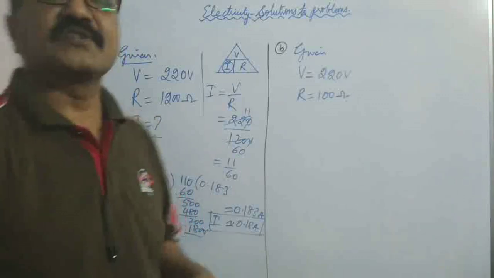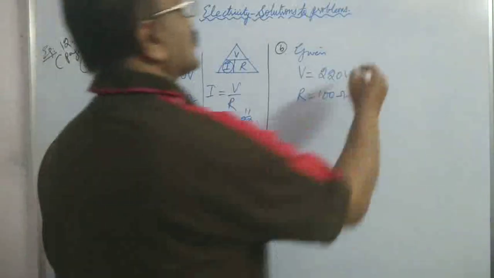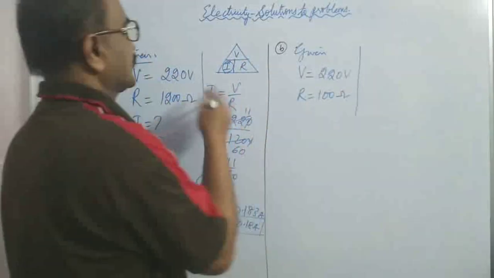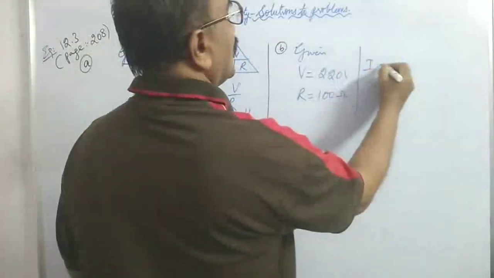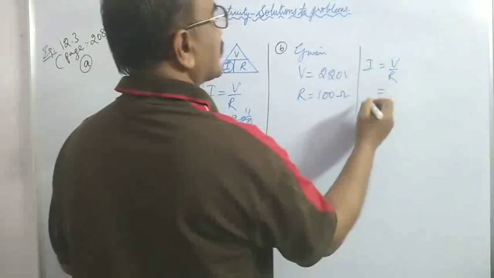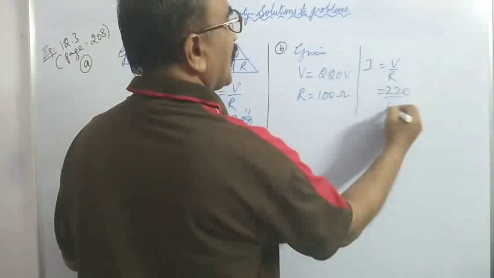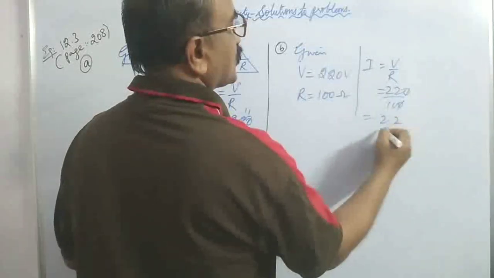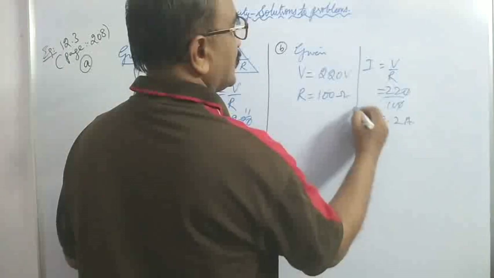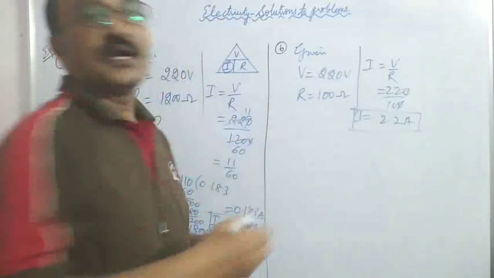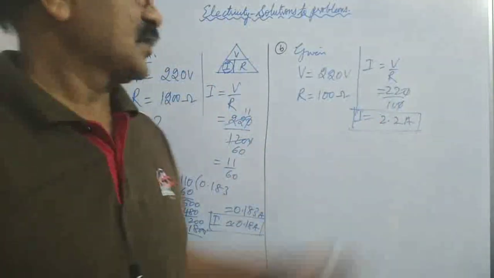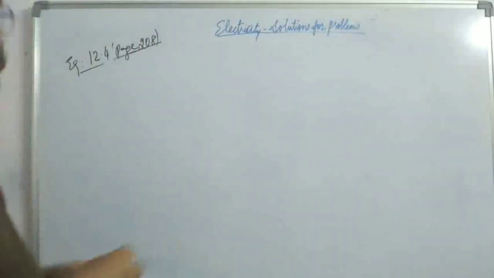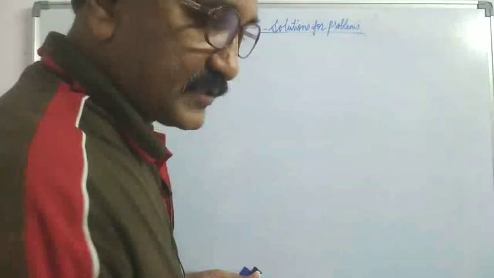Again the current. We use the same thing, I equal to V by R, that is 220 divided by 100, which is 2.2 ampere. This is how we calculate the second part.